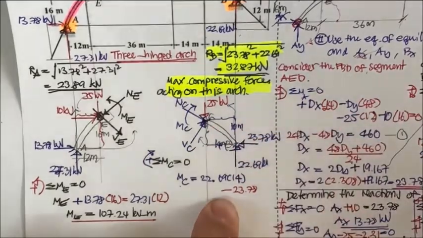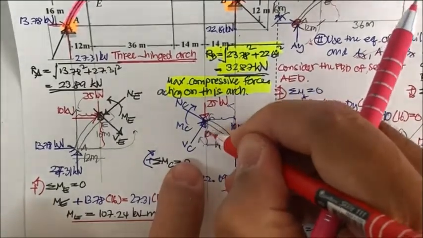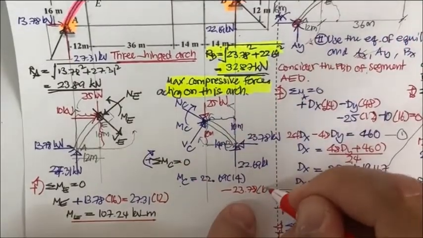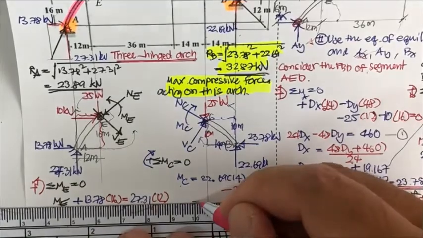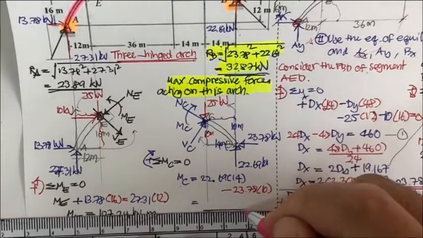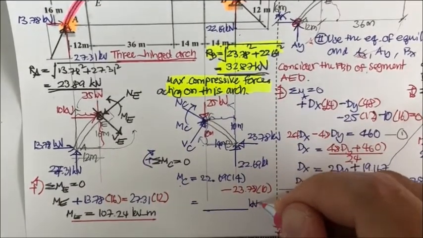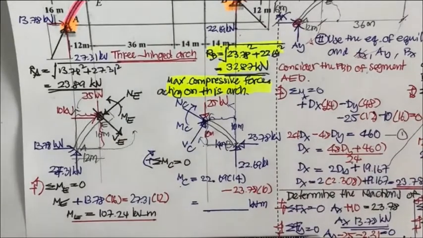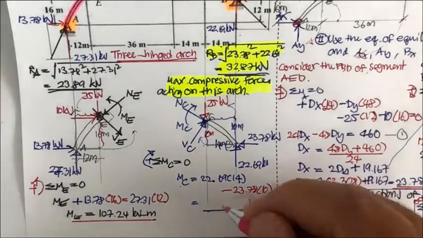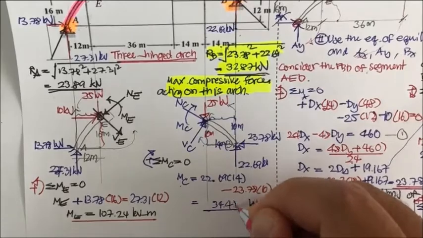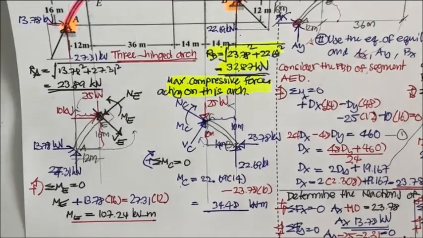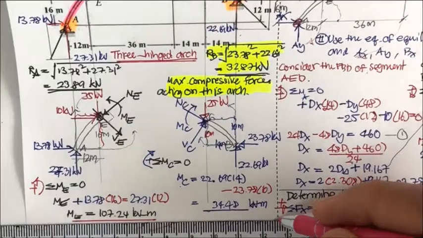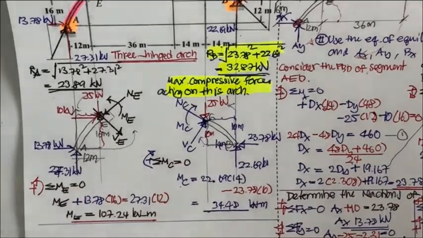This one is for 10 meter, so this one is going to be times 10. And if you put everything again, you will get M sub C of something kilonewton meter. That's going to be 34.48. Okay, that's all we have for the analysis of this three-hinged arch.